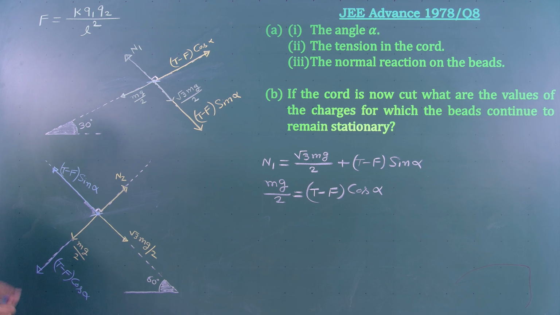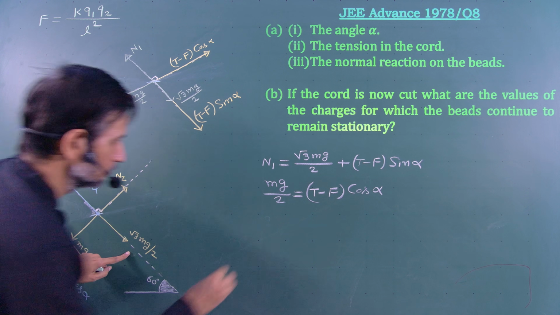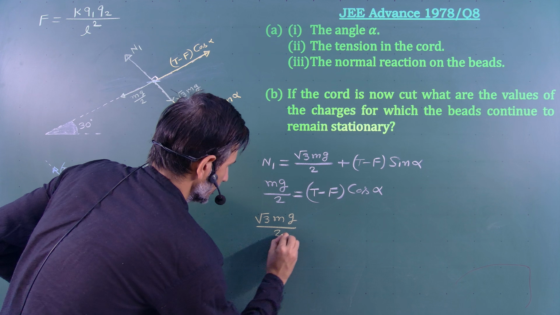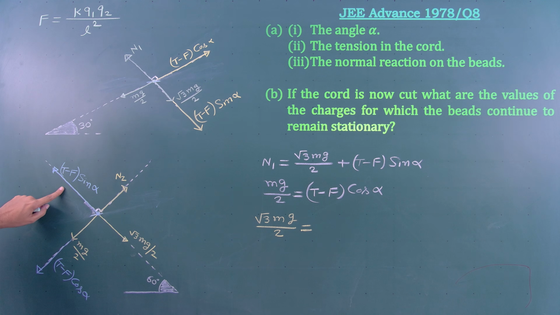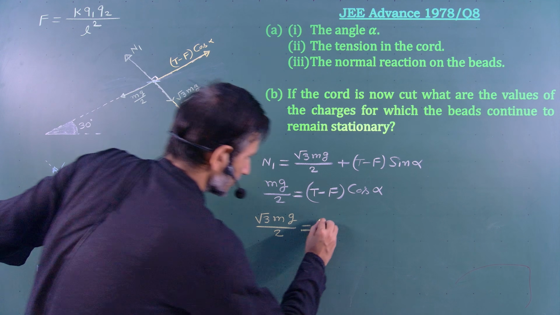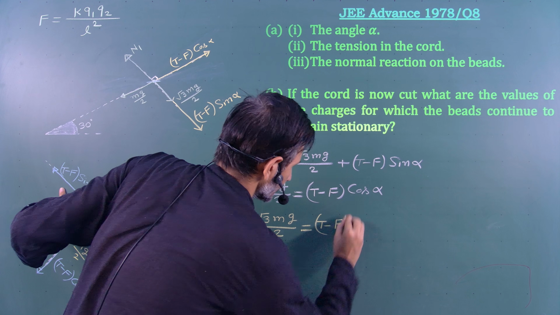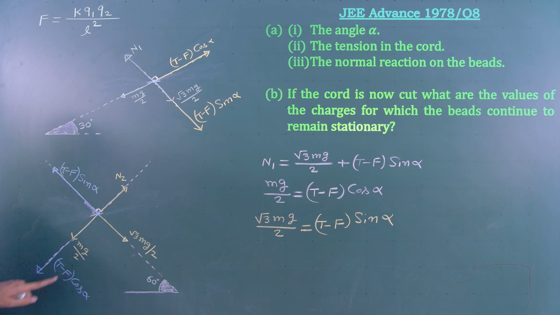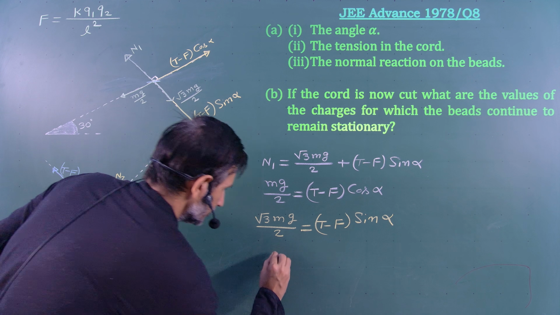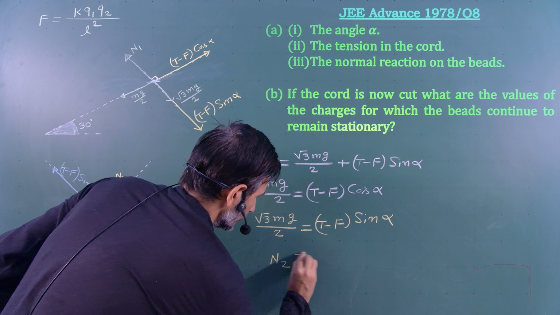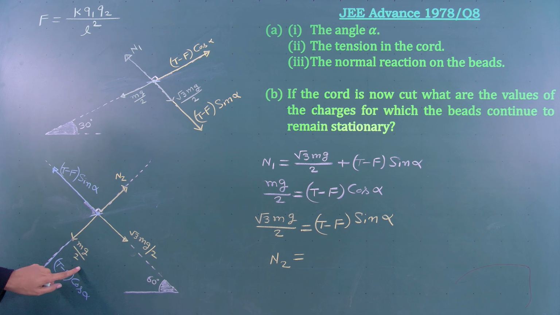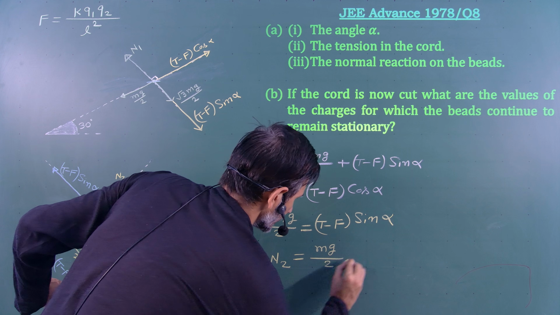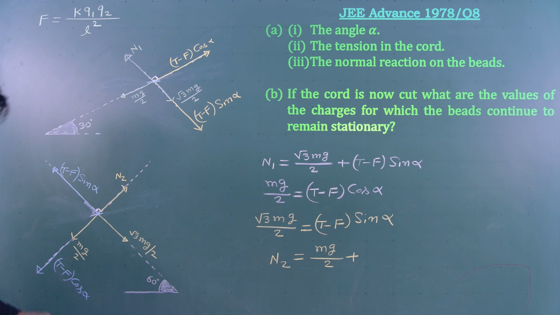Now from here, √3 mg/2 equals (T − F) sin α. N2 equals this plus this: N2 equals mg/2 plus (T − F) cos α.